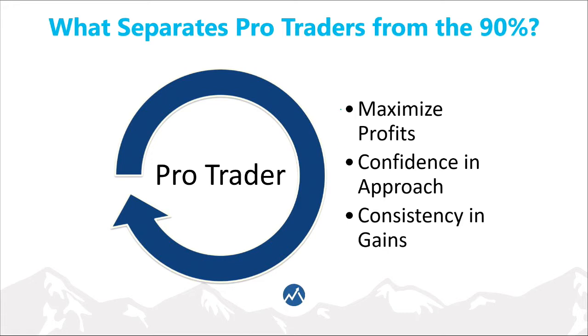First off, number one thing is maximizing profits. Now, I do not mean getting in at the exact top and getting out at the exact bottom of every move. Nobody can or does do that. Now, with that being said, I found that most retail traders leave money on the table. Okay. They don't maximize their potential returns.